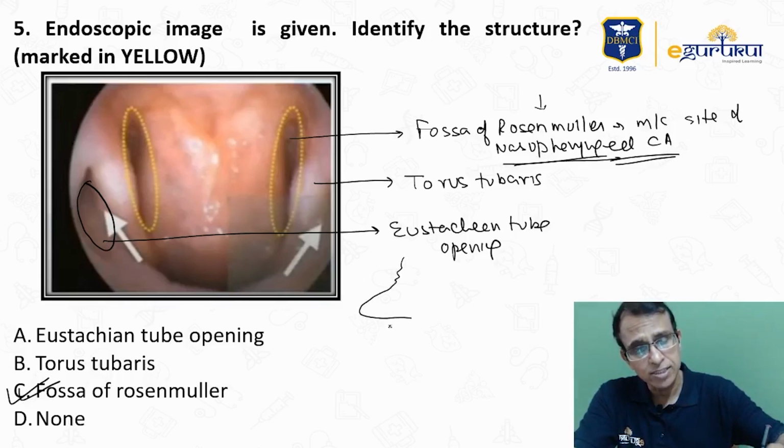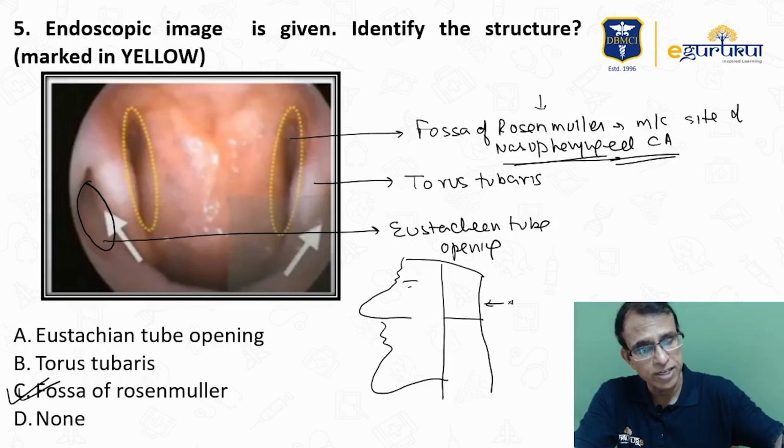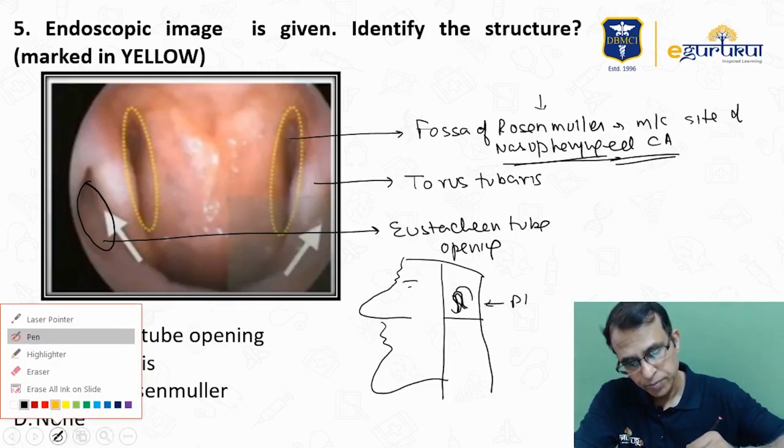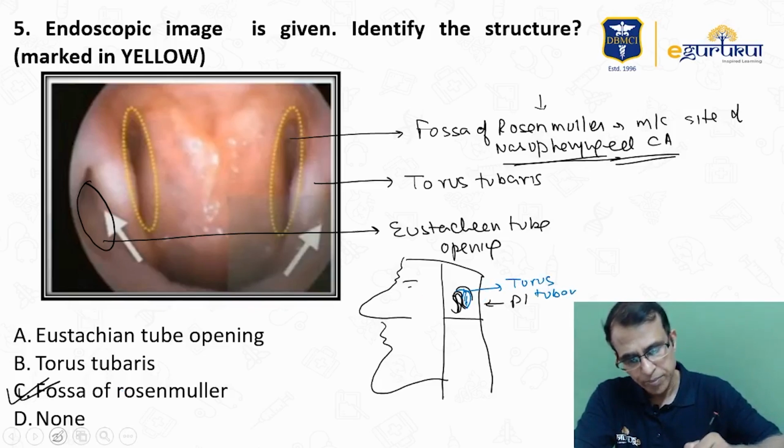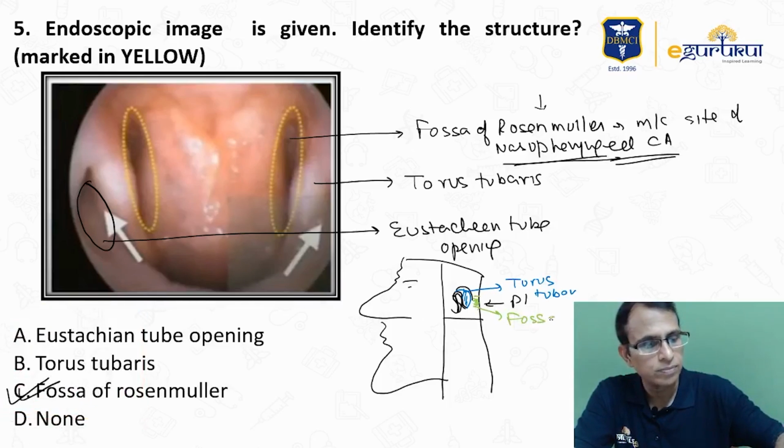I draw it like this, right? I say this is the nasopharynx, there is a eustachian tube here, see this is the eustachian tube opening, then I draw a swelling here, this is torus tubaris, and I always say that behind this torus tubaris, this area is fossa of Rosenmuller.